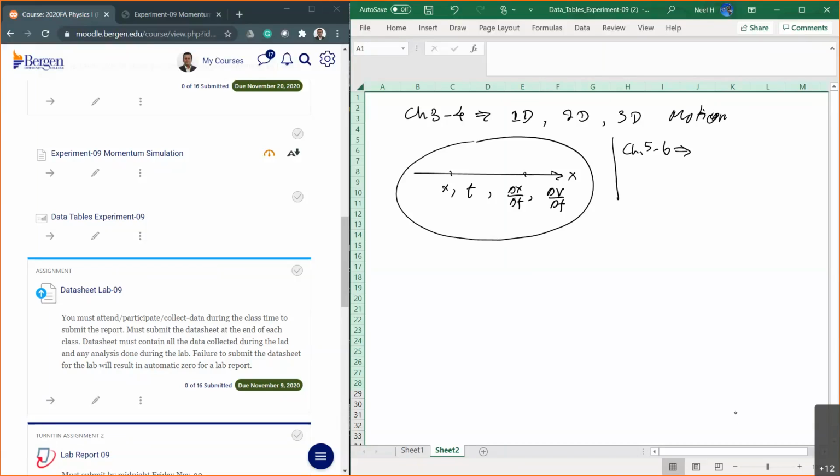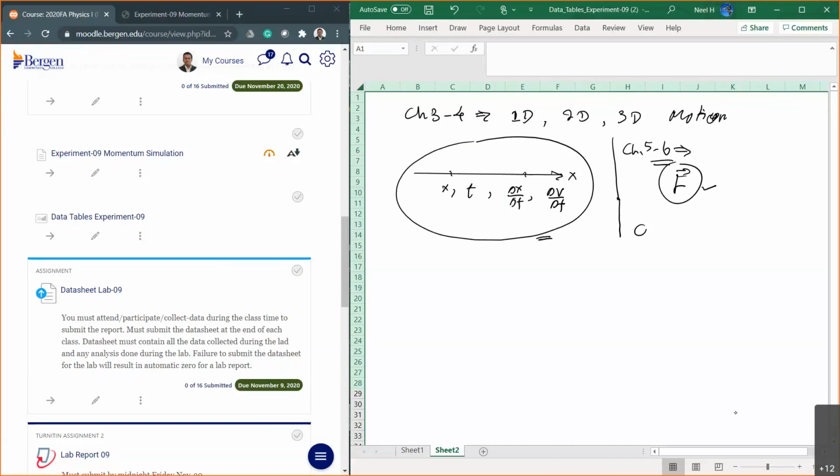But depending on the situation, we may be interested in parameters other than just the motion of the object. In chapters 5 and 6, we are mostly interested in the forces, what kind of forces act on the object, and we try to understand the situation by looking at the direction of forces, right? The object can still move or stay at rest, and these can still apply accordingly, but we are more interested in the forces.